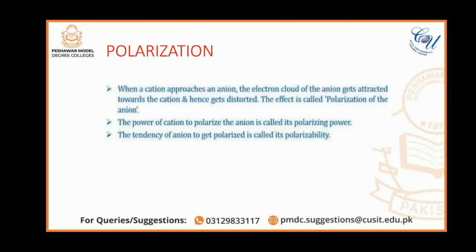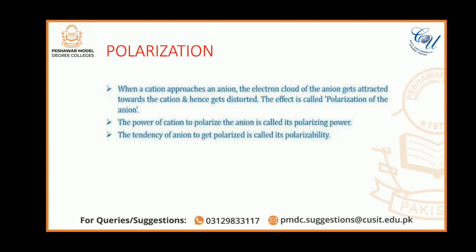The nature of M+2 and M+4 cations can be explained by taking the Fajans rule, in which polarization is a very important phenomena, which says that when a cation approaches an anion, the electron cloud of the anion gets attracted towards the cation and hence gets distorted.